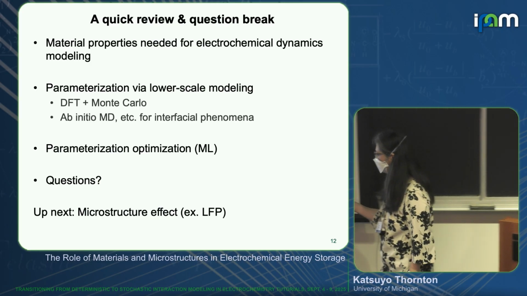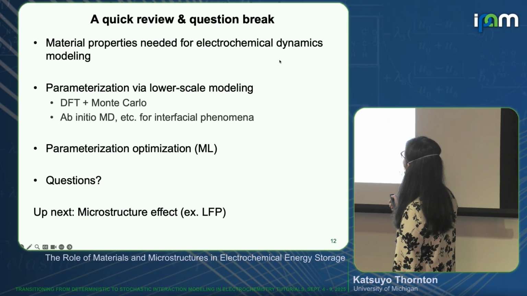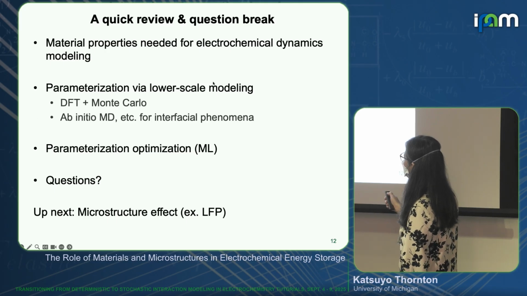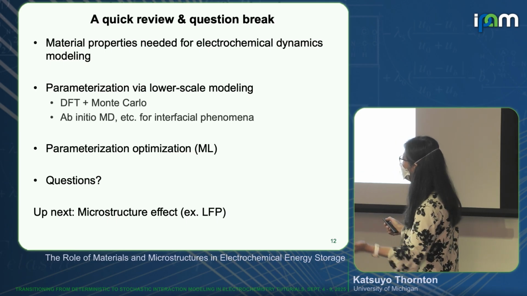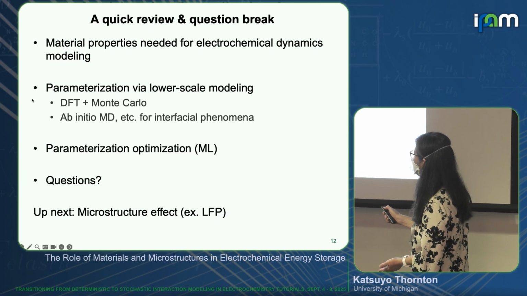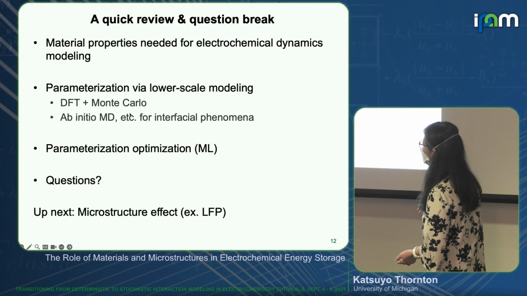So quick review. The material properties are needed for electrochemical dynamics modeling, and parameterization can be done in many ways, including experimental numbers, but also from using lower scale modeling.